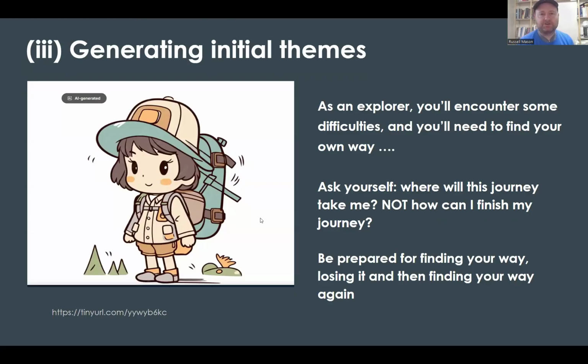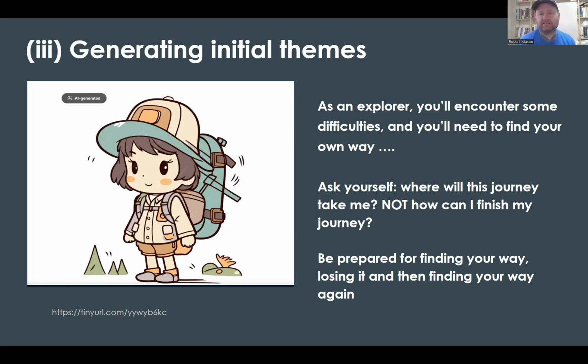Okay, and as I just said, it's exploratory. Let's go back to the metaphor of the explorer. So you will encounter some difficulties and problems at this stage. I think there will be some uncertainty. The advice here from Braun and Clarke is to ask yourself, where will this journey take me? Or even better, perhaps, to let the journal and your themes take you on a journey somewhere.